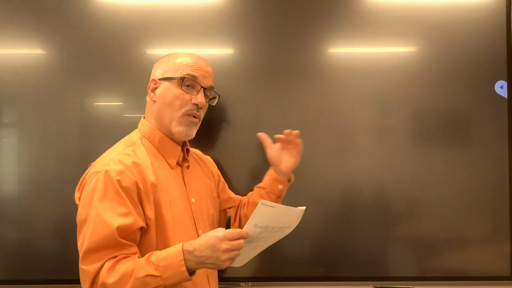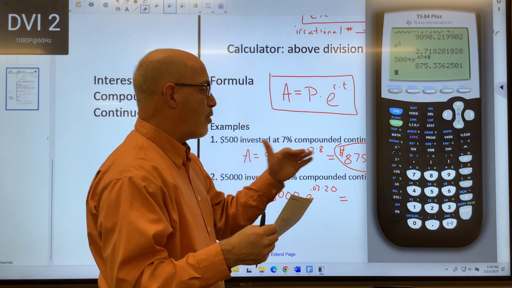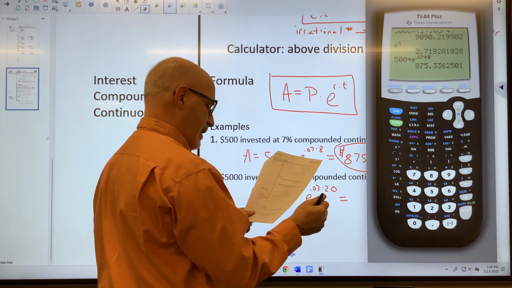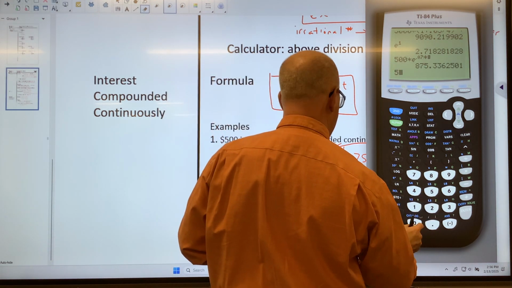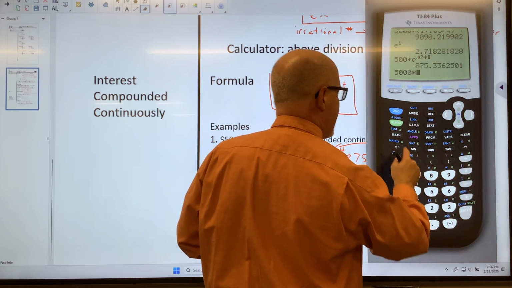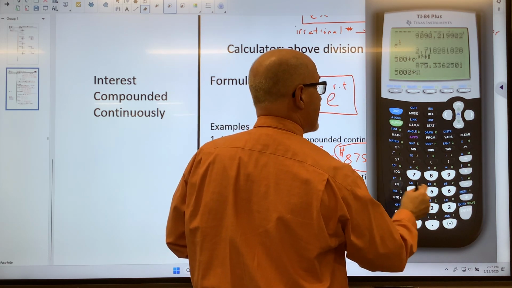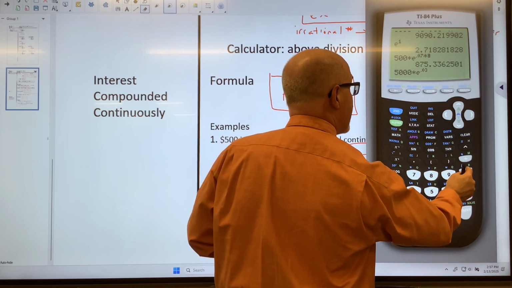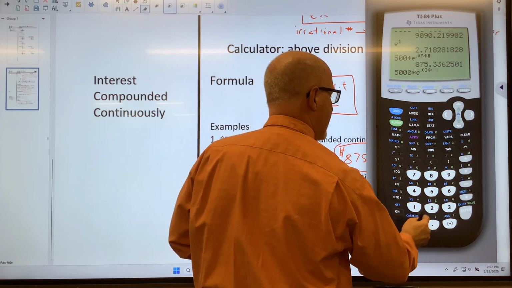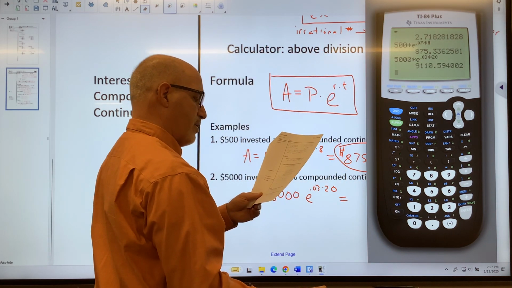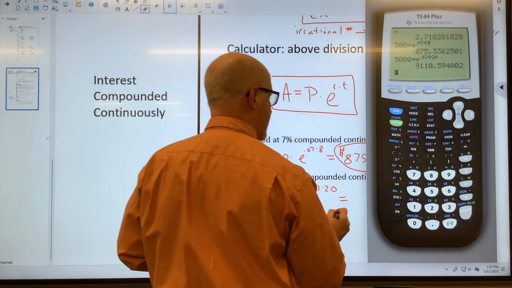Is this one going to be more or less? Well, we do it more often, so this should be more. So we're going to go ahead and calculate that. We get 5,000 times e raised to the 0.03 times 20, and we get $9,110.59.